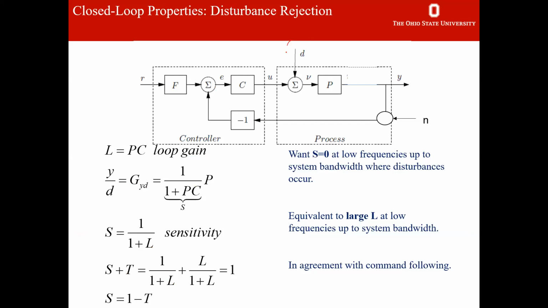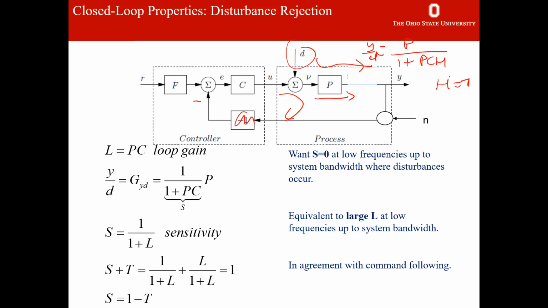Then we take a look at this disturbance. Again, let me put a minus sign here. And I want to go from the disturbance to the output. So Y divided by D. In the forward path, I just have, let's see, this P right here, for this example, divided by 1 plus PCH.